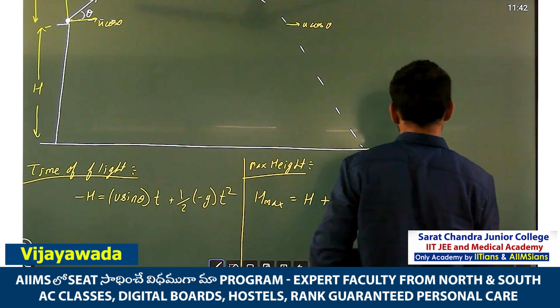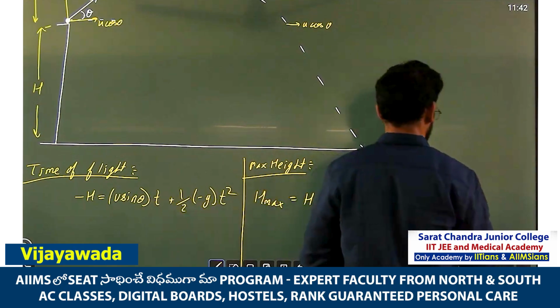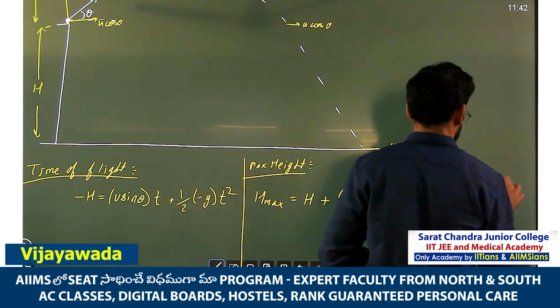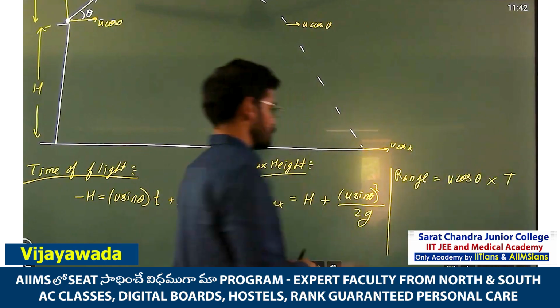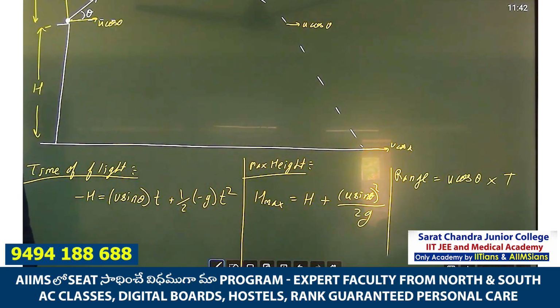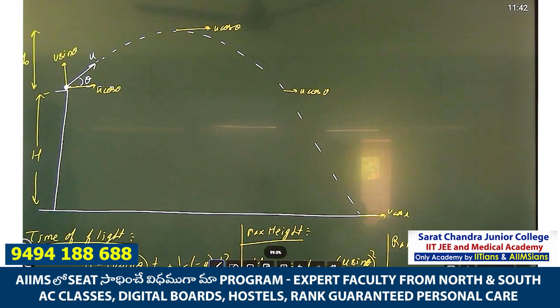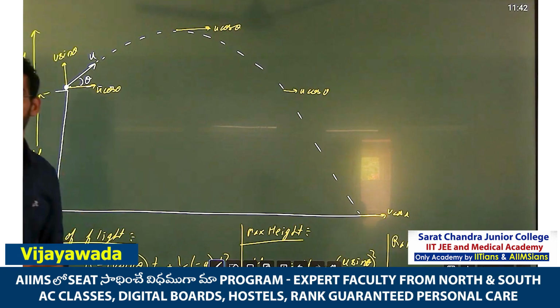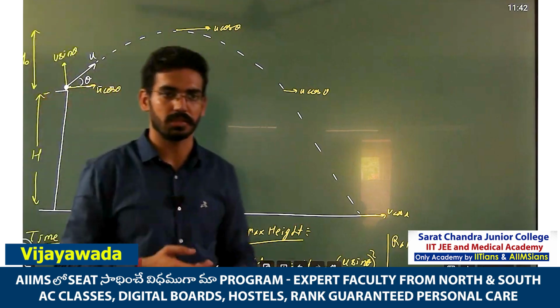Range: whatever time of flight you get, horizontal velocity u cos theta into time of flight. From here, what you are getting, put there. That's the range. Understood? Next, velocity at any point of time. At t time, if he asks you the velocity, I know horizontal will be constant, u cos theta.